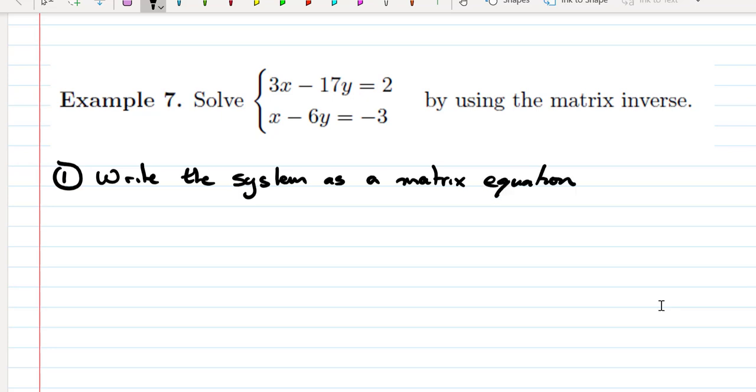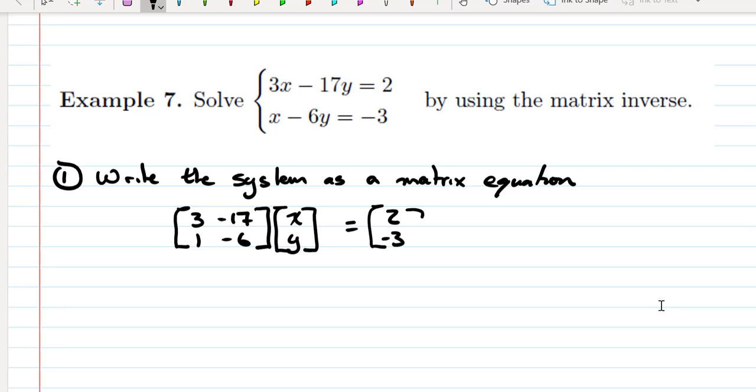And remember, we did this, it was the last example in 9.4. So our coefficient matrix is going to be 3, 1, -17, and -6. Our variable matrix is going to be x, y, and our constant matrix is going to be 2, -3. So this is our A times X equals B.